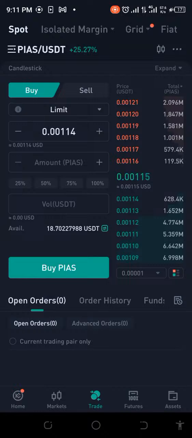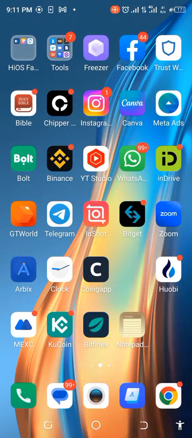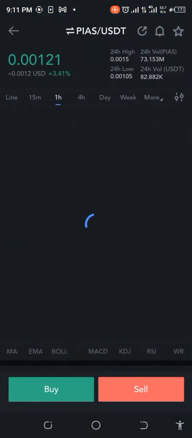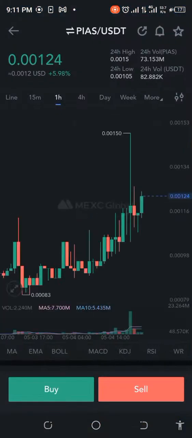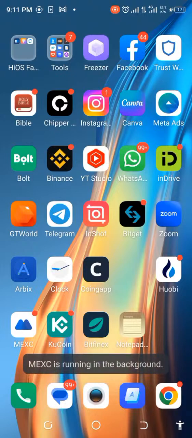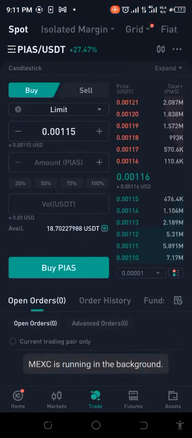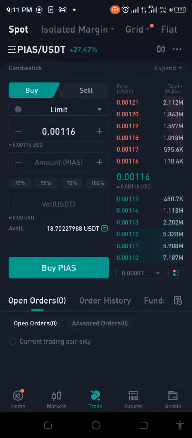The price is moving from 0.00113 to 114, to 115, and now it's at 115. Then looking at MEXC, it's at 0.001. This is looking very interesting. Well, I think I'll just take a dive and try this out.